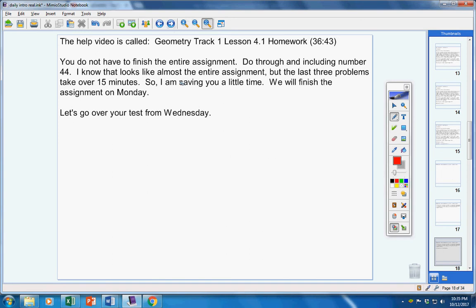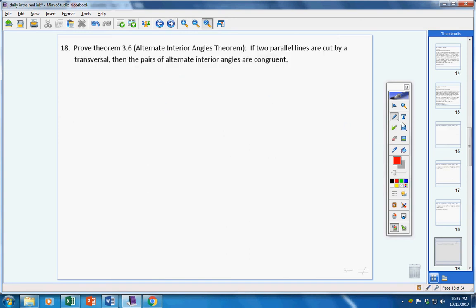Okay? Now, let's go over your test from Wednesday. First of all, I've got your test right here in front of me. I'm looking at it. You did a great job. I did not take any points off on your diagram, but really, if you're going to say in your given lines L and N, remember, in geometry, lines are designated by 2 letters or 1.